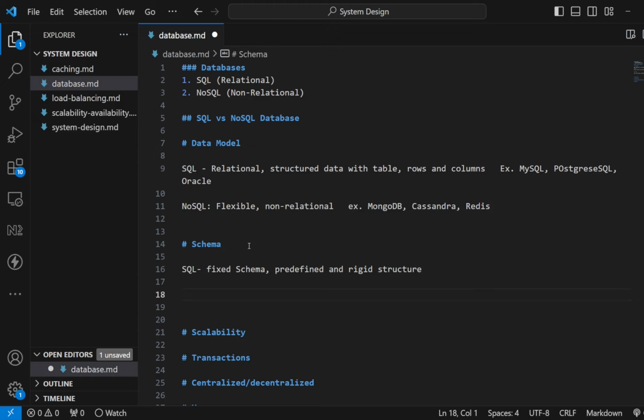But in case of NoSQL, it is schemaless and it is dynamic. We can say that NoSQL is schemaless or flexible schema. We can store data without a predefined structure that allows easy changes. When we want to make some changes, that will be very easy.